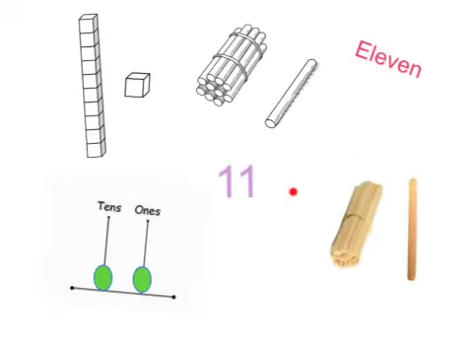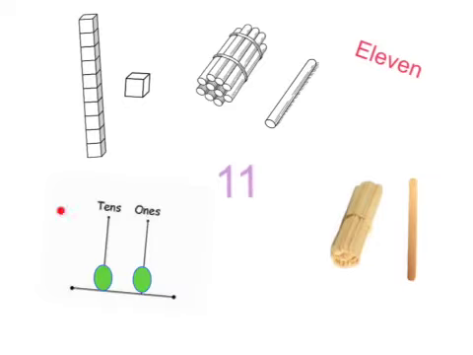Here we have the number 11. Now, I have shown the number 11 in 1, 2, 3, 4, 5, 6 different ways here. There are many more ways I could show the number 11. These are just some examples. I could show it as a numeral. I could show it as a word. That's the word 11.